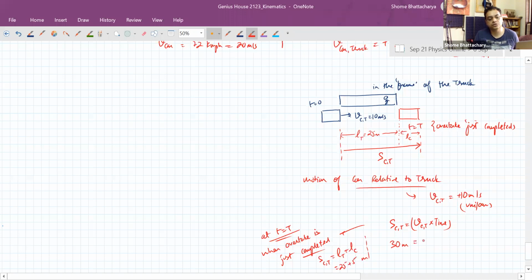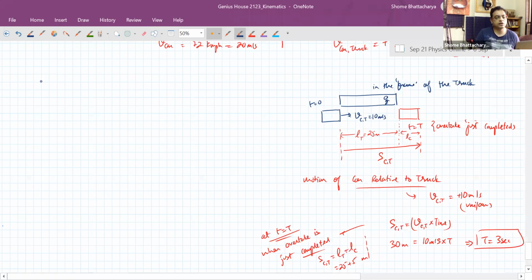So T should be equal to 30 divided by 10, the time is 3 seconds. So this is the relative motion method of solving this question.